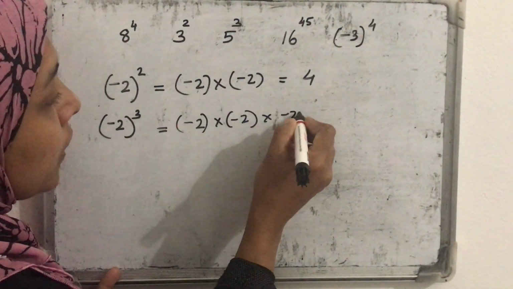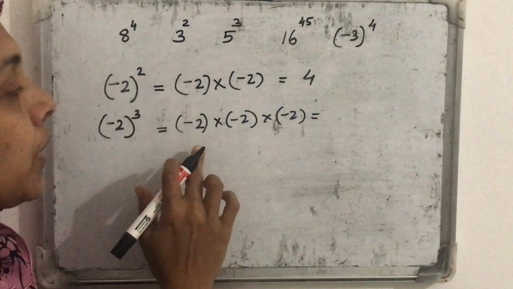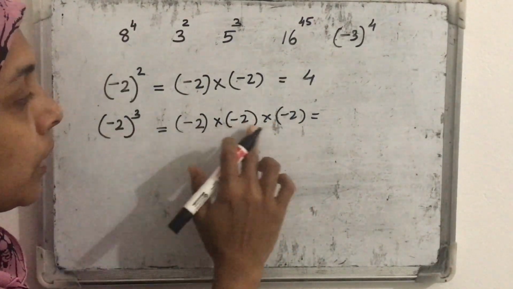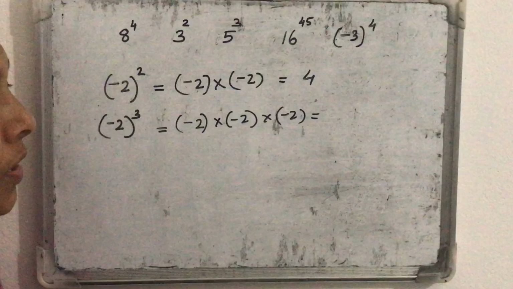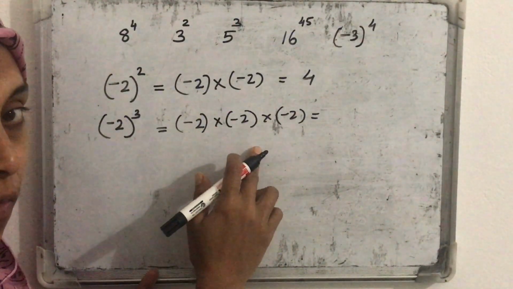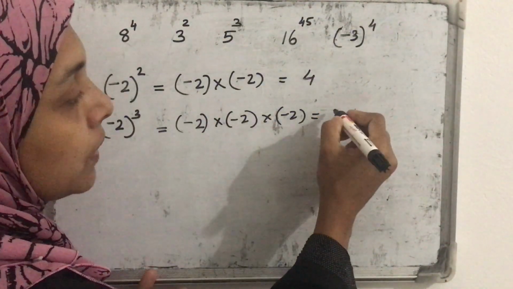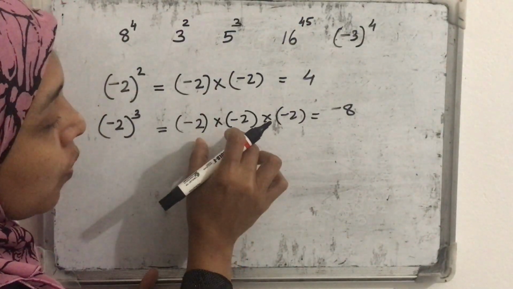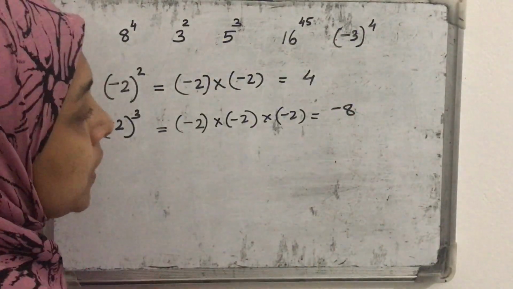That we already learned: if we multiply an odd number of negative numbers, its sign will be negative. Minus 2 into minus 2, that we know, is 4. Then plus 4 into minus 2, it will be minus 8. That means if we multiply an odd number of negative numbers, its value will be negative.